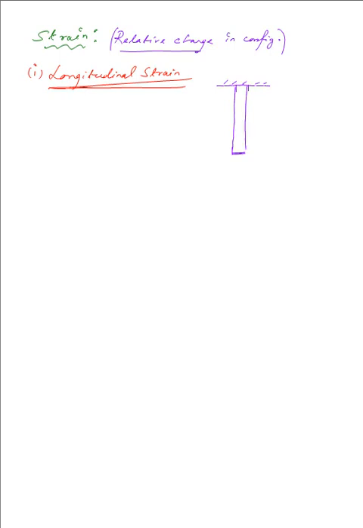So we are extending that object through a certain weight, and the initial length supposedly was L, and the extended length is, suppose, delta L or del L. Then we have the longitudinal strain equal to the ratio or the relative change as we know it.